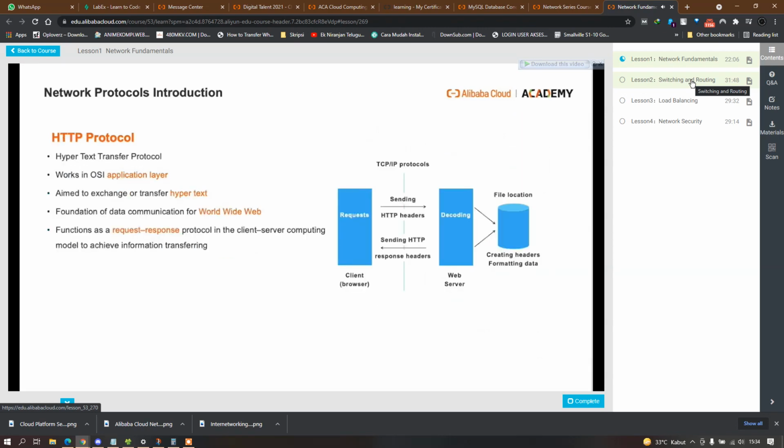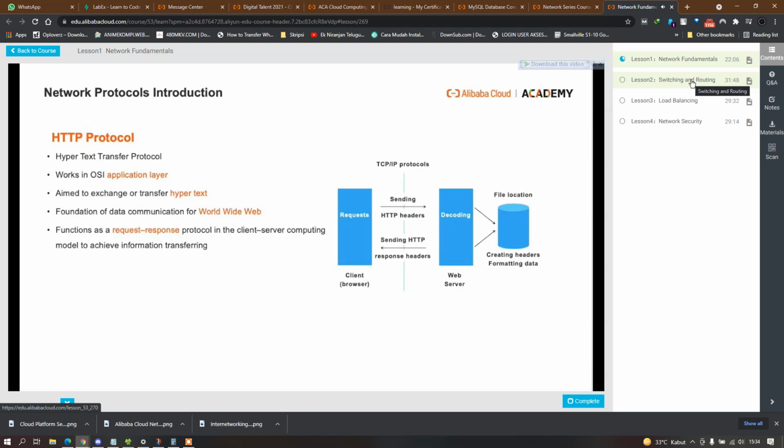Okay, the next protocol that we'd like to introduce to you is the HTTP protocol. The full name for HTTP is Hypertext Transfer Protocol. As we know, HTTP works in the OSI application layer, which is the highest layer in the OSI model.